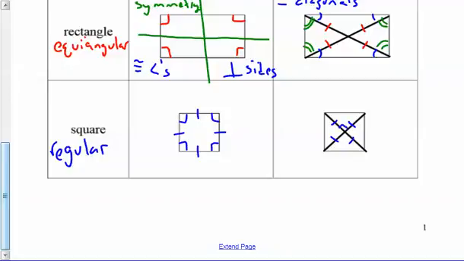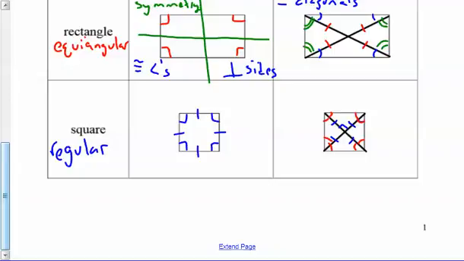And they intersect at a right angle, which means all of these angles are going to be 45 degrees. They're all congruent to each other. Okay? So, squares are regular, right?